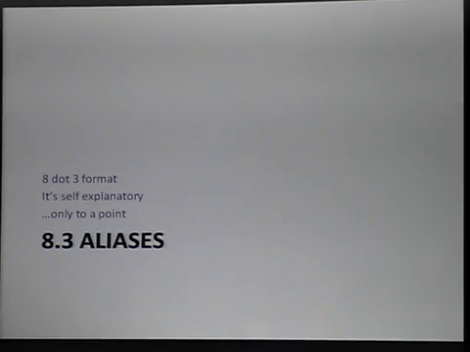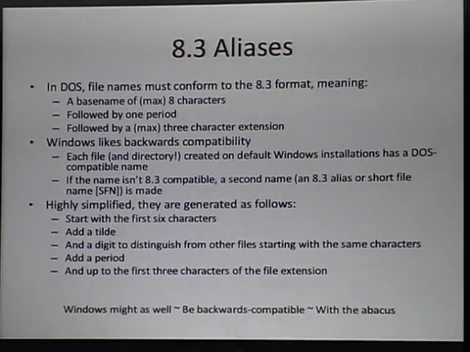8.3 aliases. What I mean starts with the 8.3 format, which is 8 characters, a period, and then 3 characters for a file extension. That's the DOS file name format. In modern Windows systems, if a file is created that does not match this format, an alternate name is also stored that can refer to the same file.